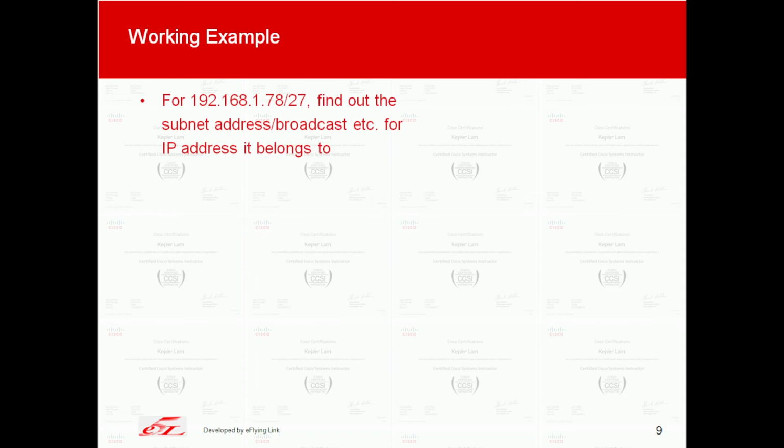So for /27, the number of host bits is 32 minus 27, which is 5. Then 2 to the power 5, which is 32. That means that the size of each subnet is 32.